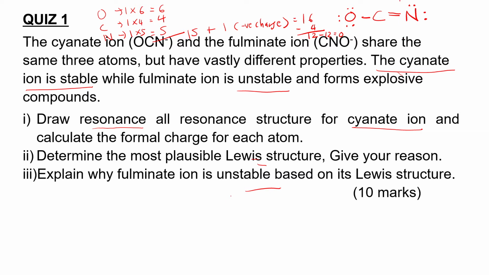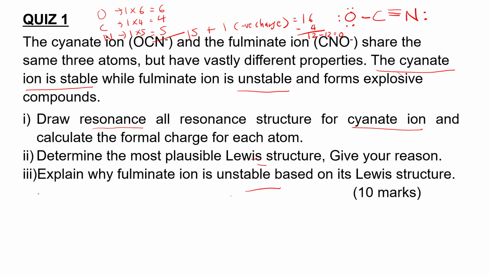So we can use a lone pair from nitrogen, or we can choose from oxygen. So here we have a different choice. If we take a lone pair from nitrogen, we will have carbon triple N. Okay, so this is the first resonance structure.